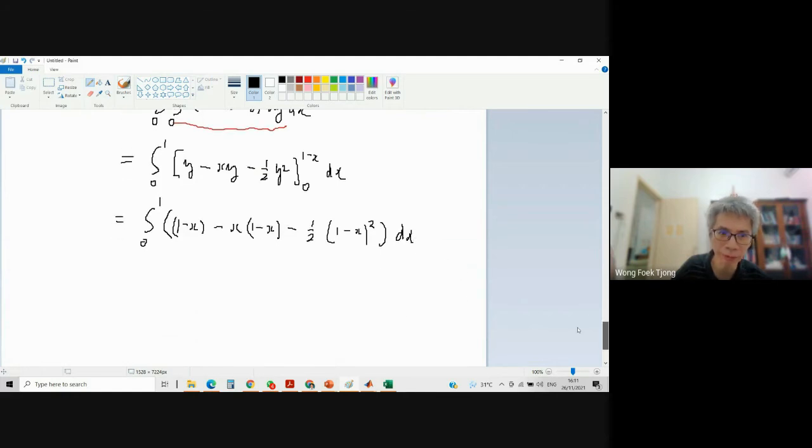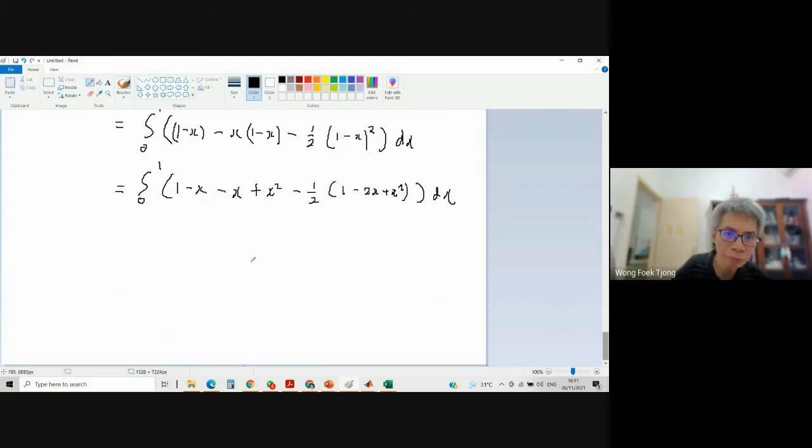Okay, you can simplify. This is 1 minus x, but minus x plus x squared, right? Minus 1/2 (1 minus 2x plus x squared) dx.